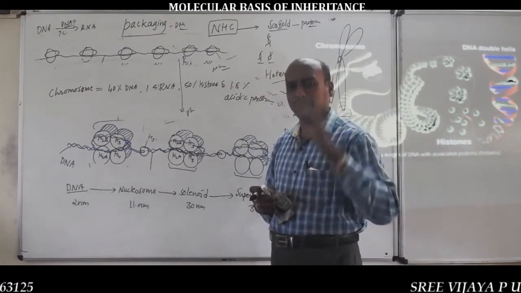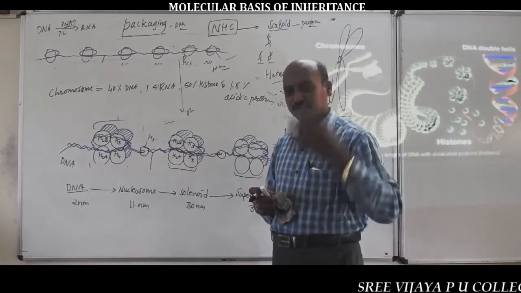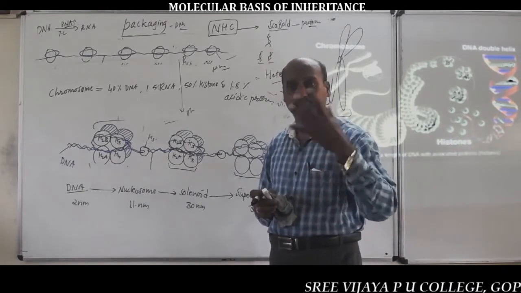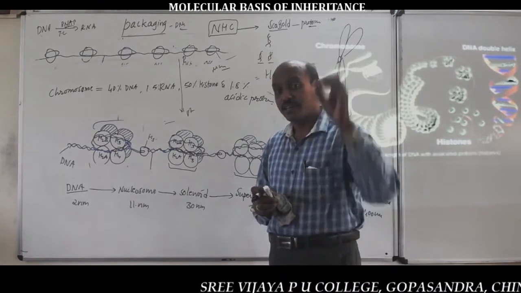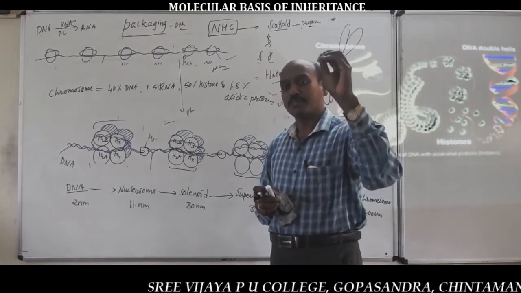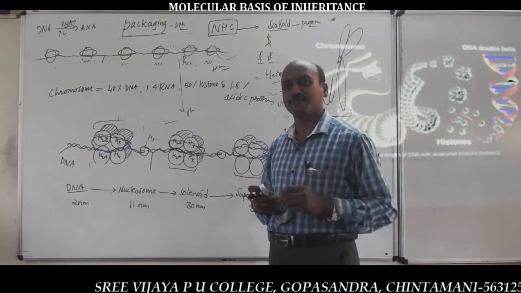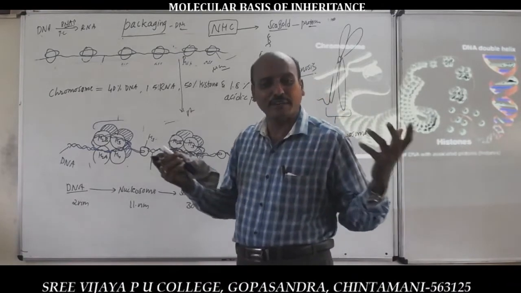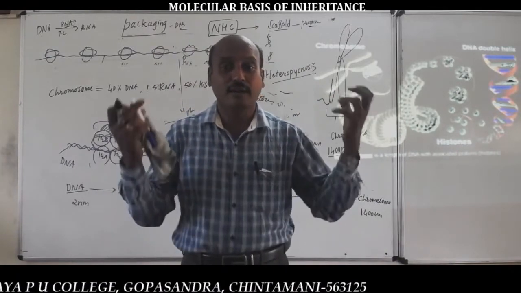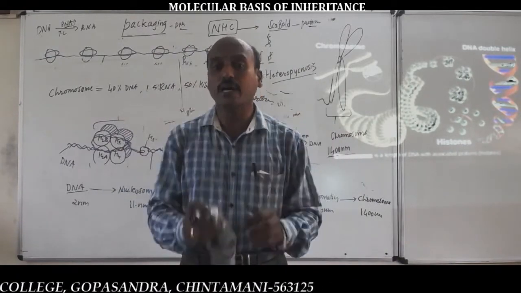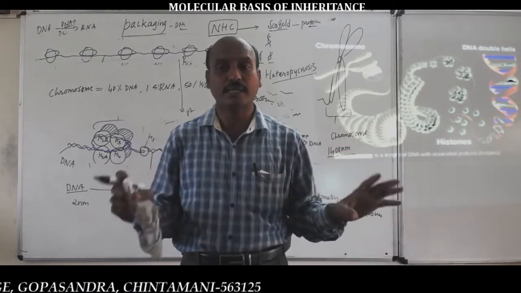Example, DNA. But how, sir? How do you say DNA transfers hereditary characters from generation to generation? By different evidences, different practical experiments, it was proved that DNA acts as genetic material.